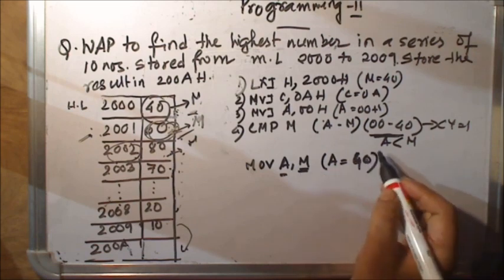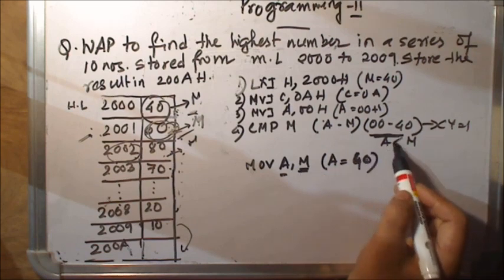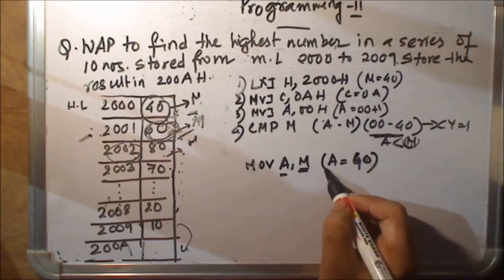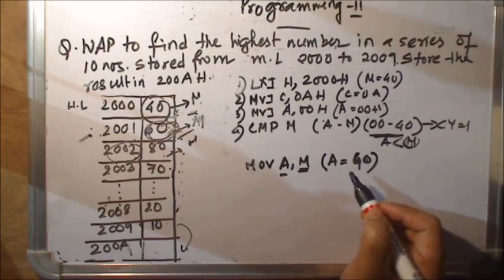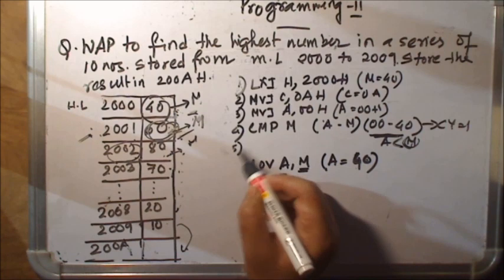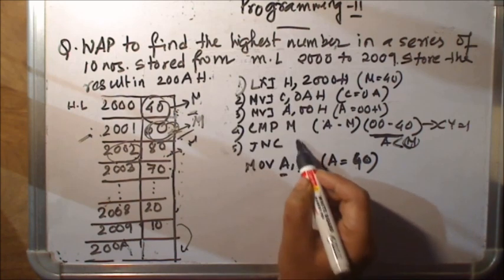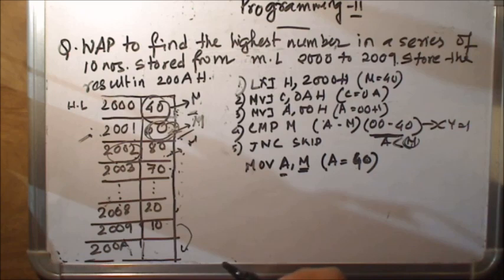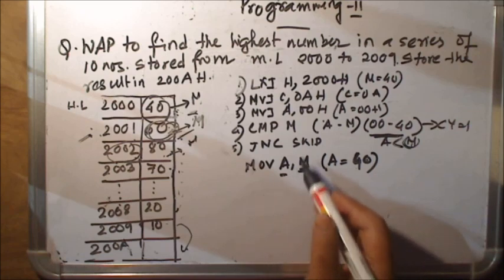Because M was 40. Since A is less than M, we will get the higher number into A. So A will be 40. This happens if carry is generated. If carry is not generated, then we will skip: JNC skip.